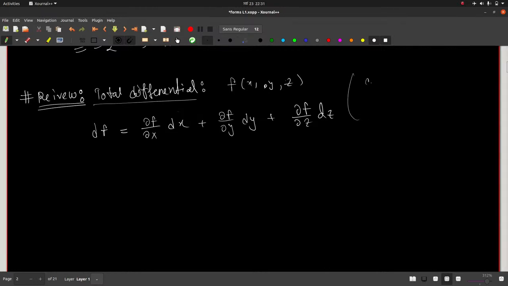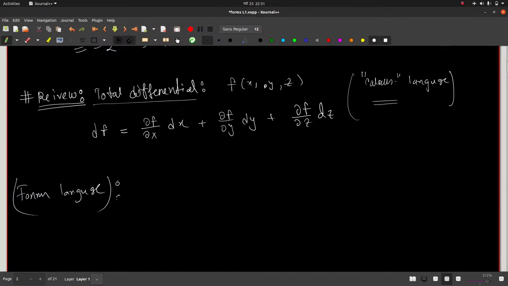So this is the calculus language. Now we want to see the definition in the form language.